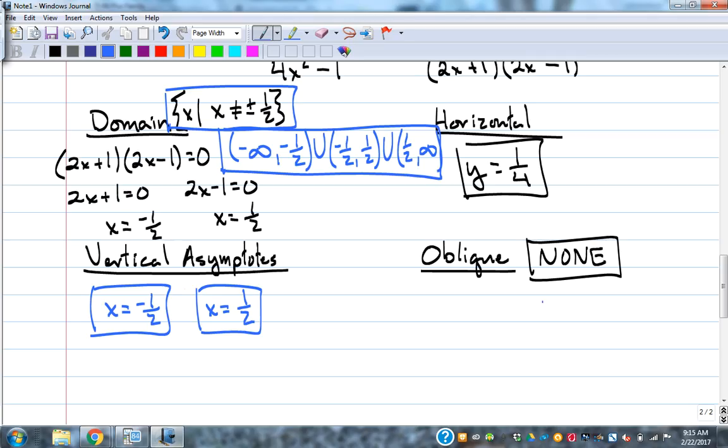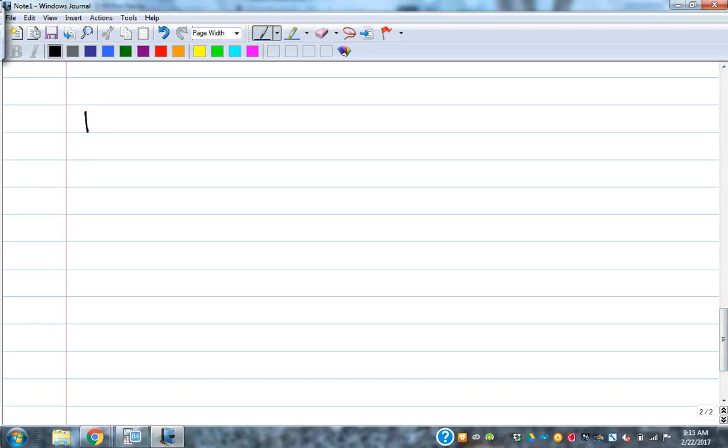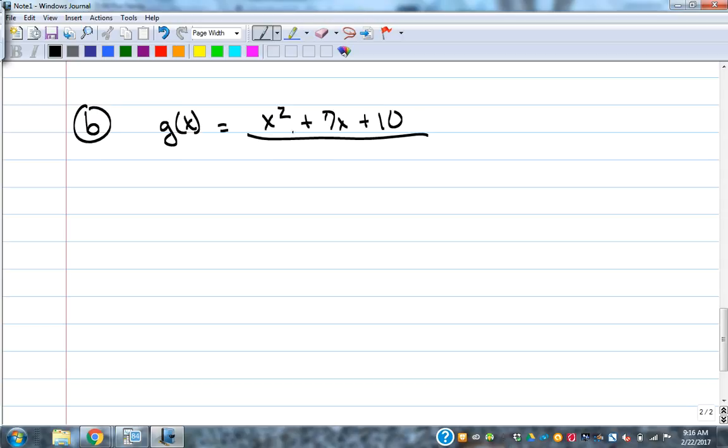Okay. All right, let's look at another one. See what's shaking with it. Let's say we have g of x is equal to x squared plus 7x plus 10 over x to the third minus 25x.